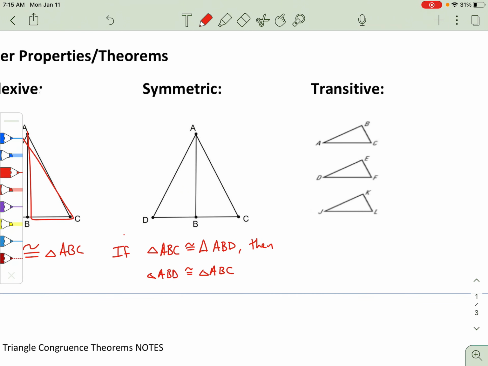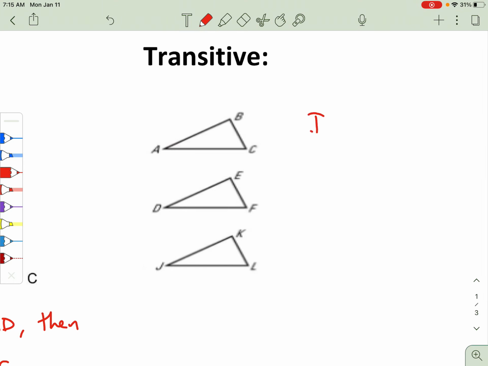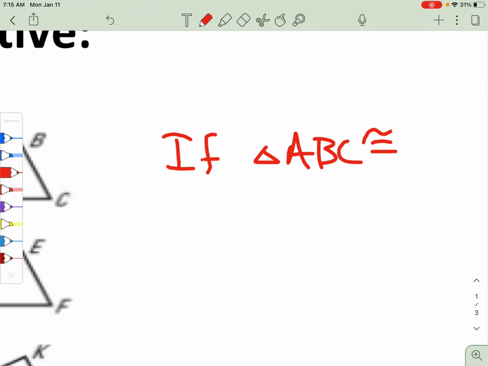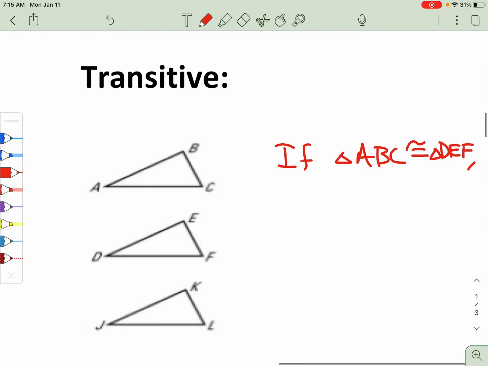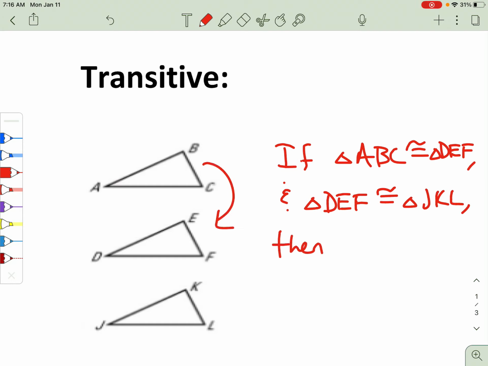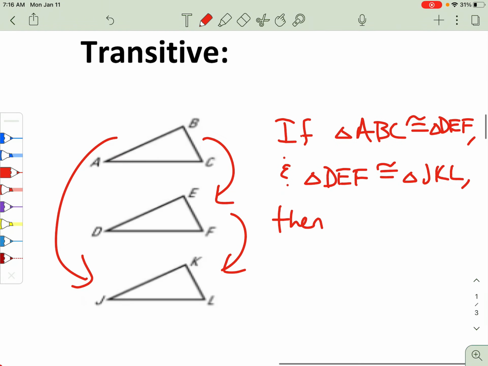Okay. All right. And then transitive property says that if triangle ABC is congruent to triangle DEF, okay, and triangle DEF is congruent to triangle JKL, then because if this one's congruent to this one and this one's congruent to this one, then this one must also be congruent to the last one.